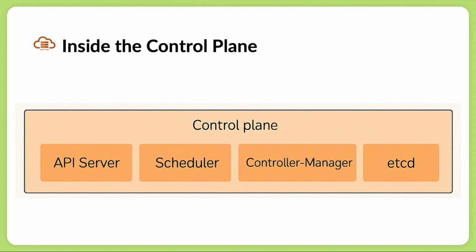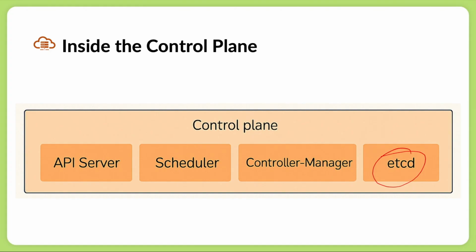So the API server accepts the request, validates the request, then sends it to the other components of the control plane. Next is etcd. etcd is the source of truth of the Kubernetes cluster.